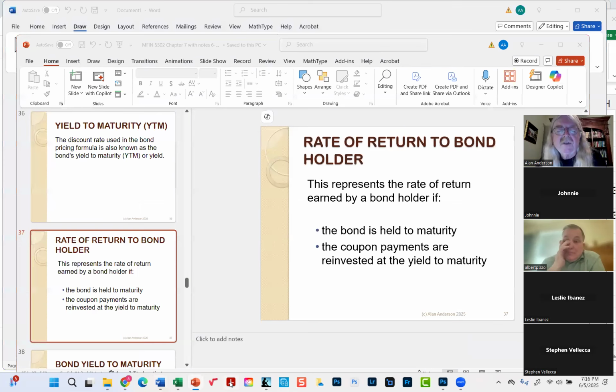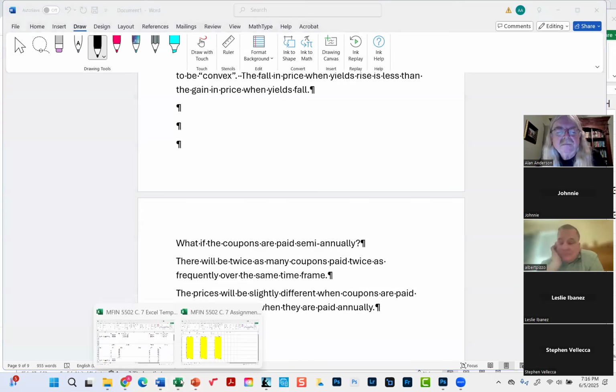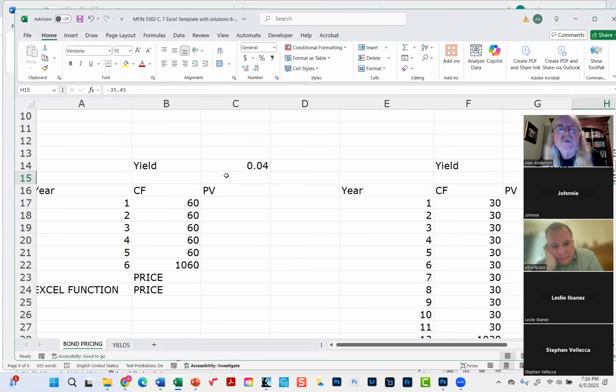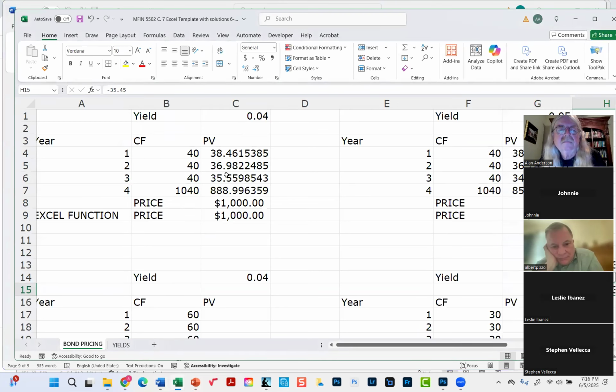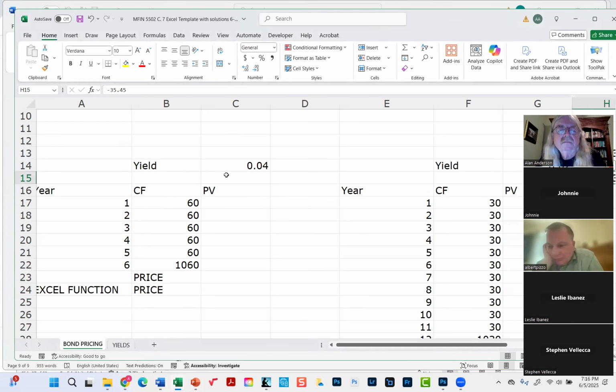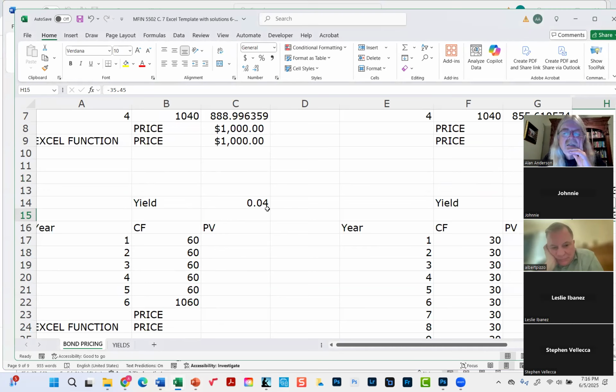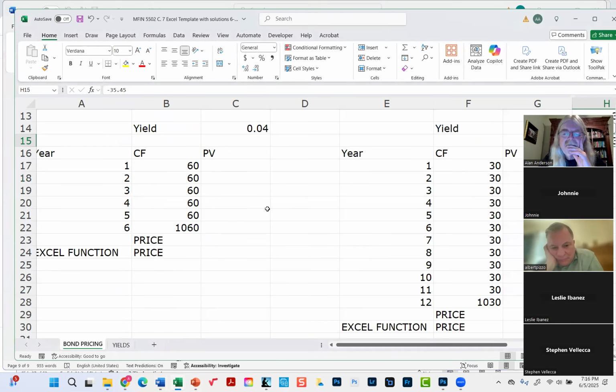So if you go back to our Excel spreadsheet, what I've done here is directly below each one of these, I've got the semi-annual case. Oh, wait, maybe not. What is this? No, I guess this is a different case.